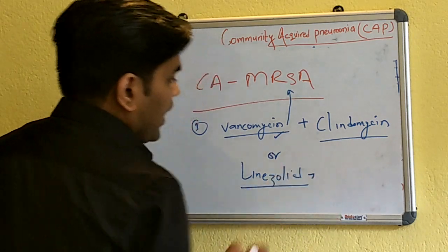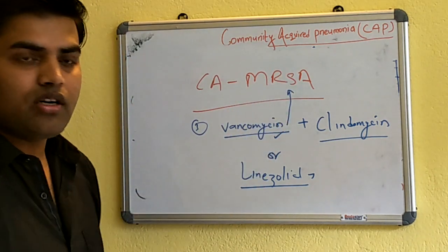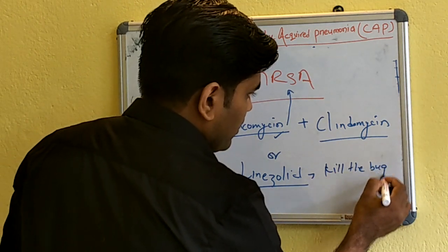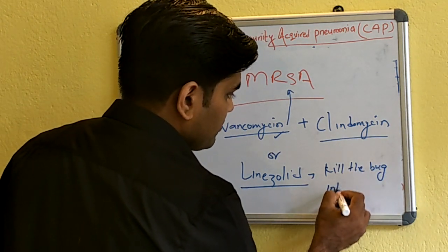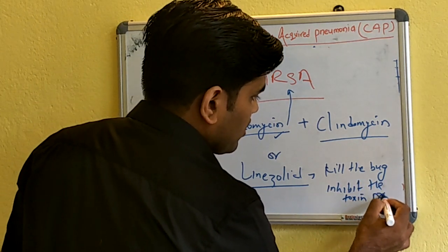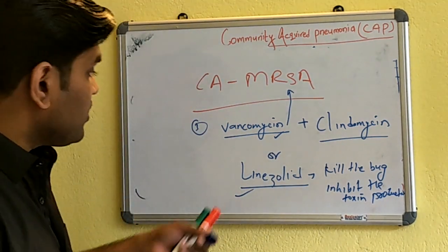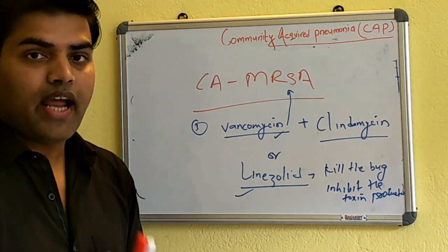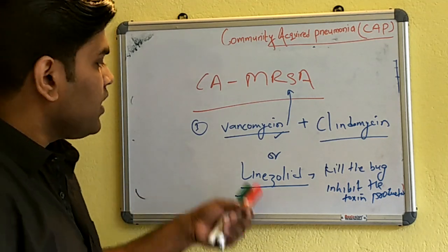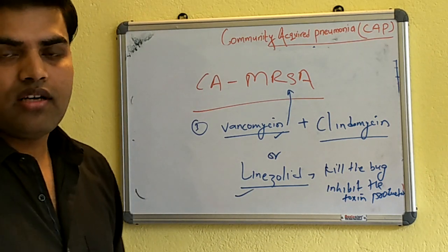This linezolid has two properties. It is going to kill the bugs as well as inhibit the toxin production. So there are two benefits, but again the issue comes up that linezolid has anti-TB activity, and if you are not ruling out tuberculosis, the patient will improve with linezolid, but you will be partially treating the tuberculosis.